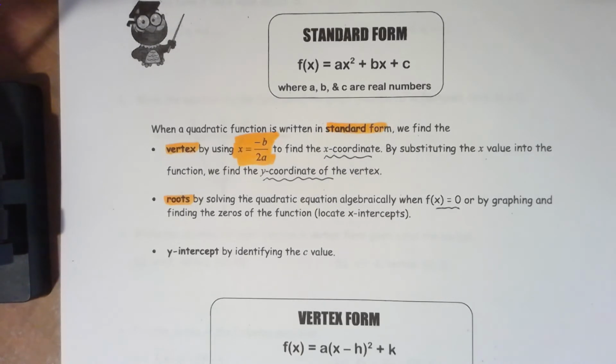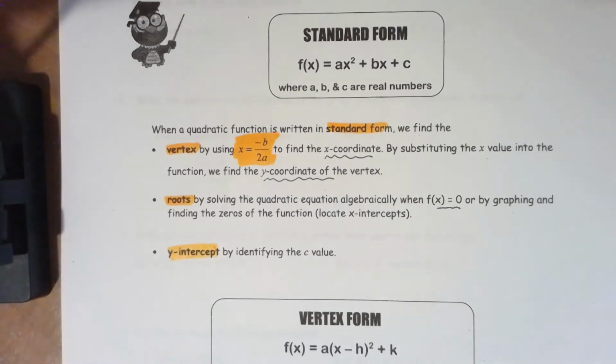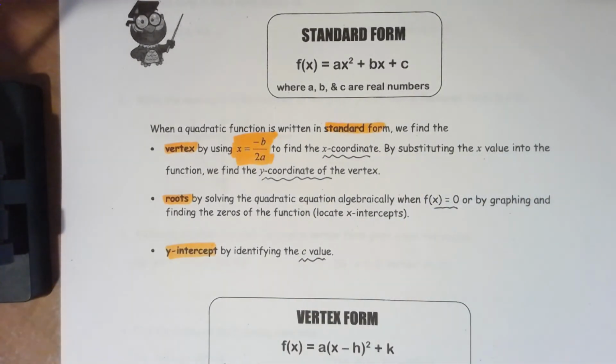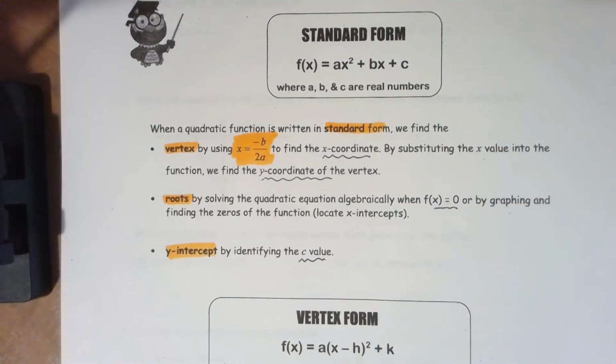The final thing that we can easily see from the standard form is the y-intercept. The y-intercept is the c value of the equation, your constant. That is where your parabola is going to cross the y-axis. So standard form is one way that a quadratic function can be represented.